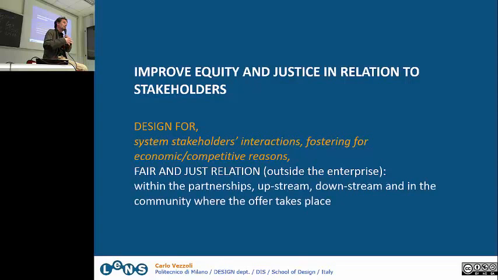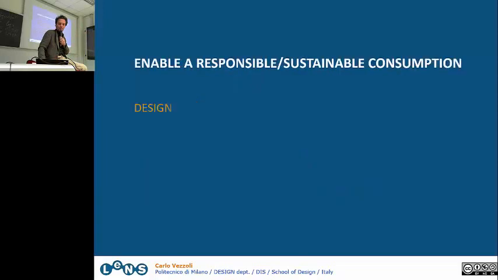And this could be actually because you made a partnership as a company with others in the offer. So even within the partnership, upstream, of course, you have to look upstream, but even downstream. So maybe to the distributor or to the end user, of course, or to the community into which your product service system is going to be offered.